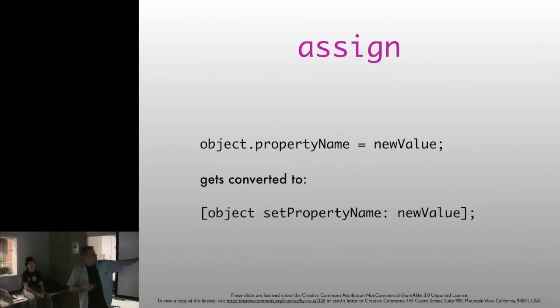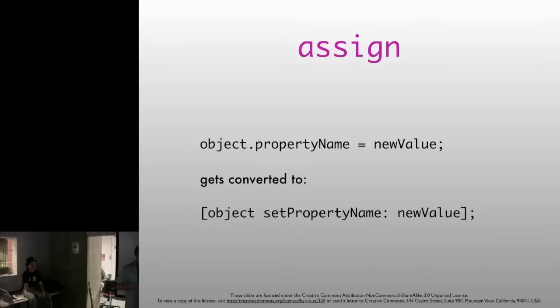So here is exactly what I was talking about. We've got a property called property name. It's part of this object. The mode for this property is assign. When we do object.property_name, remember the dot operators are used for properties only.